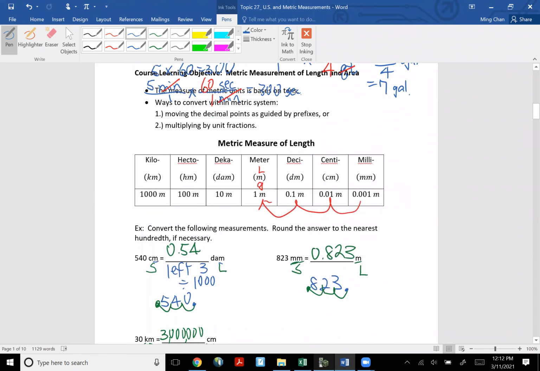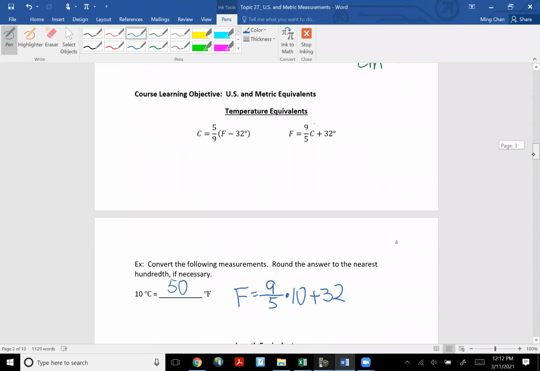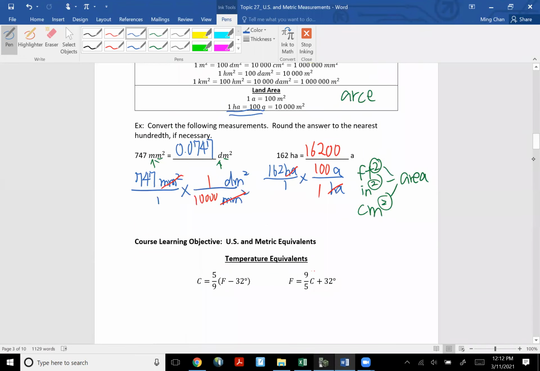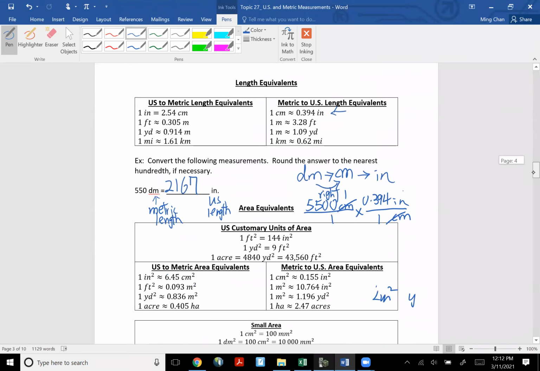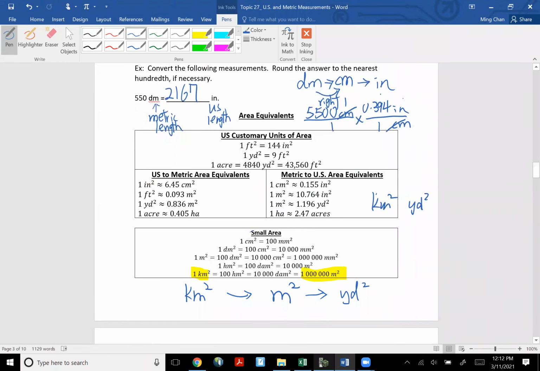One way is moving the decimal points as guided by the prefix. The other way is multiplying by unit fractions. I didn't quite show you how to multiply by unit fractions, but I actually showed it to you right here. I use dimensional analysis not for metric to metric, but metric to US to metric.